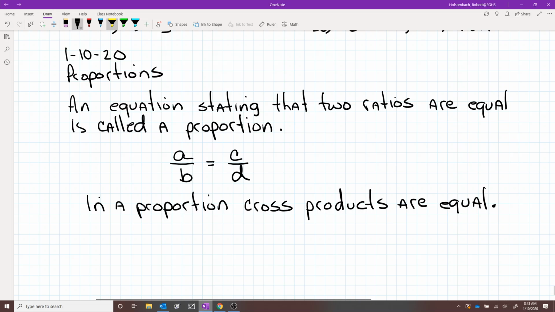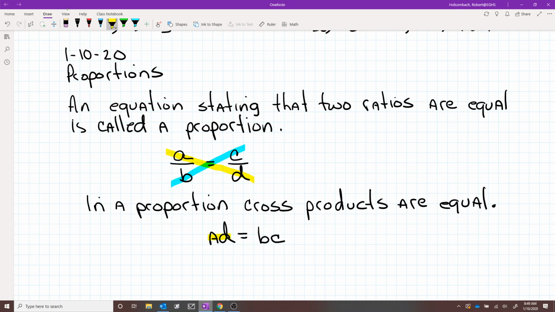What that means is this: A times D is equal to B times C. So A times D is equal to B times C.